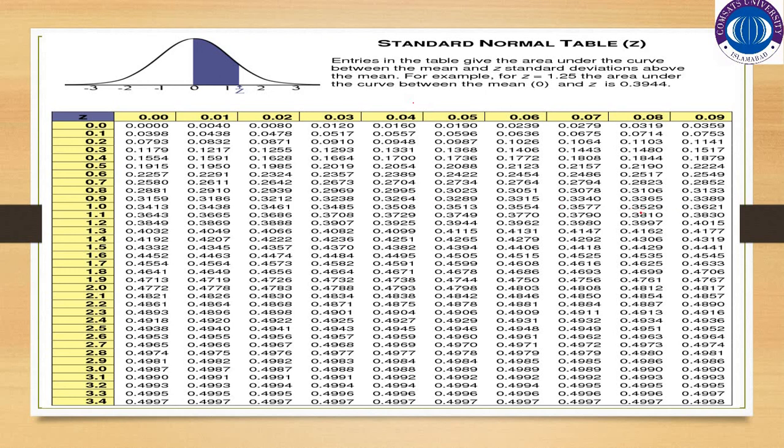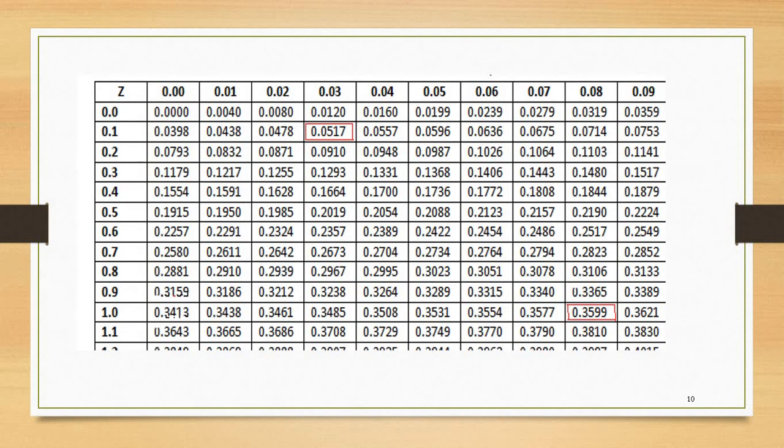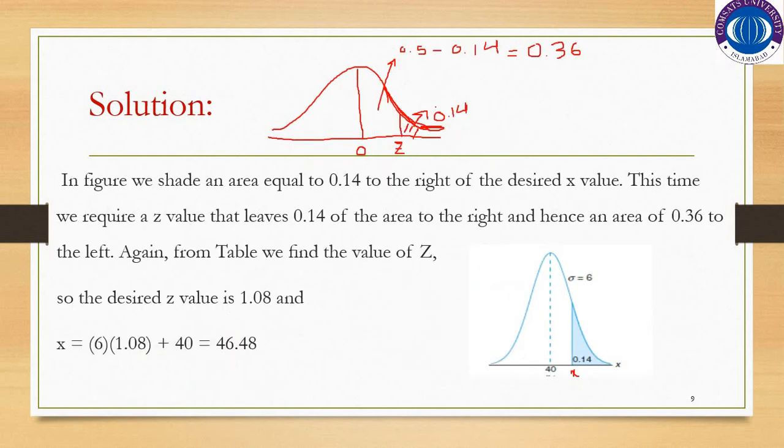It should be somewhere here. So these two values are close to 0.36, and this value is more. So this is the area which is 0.36.